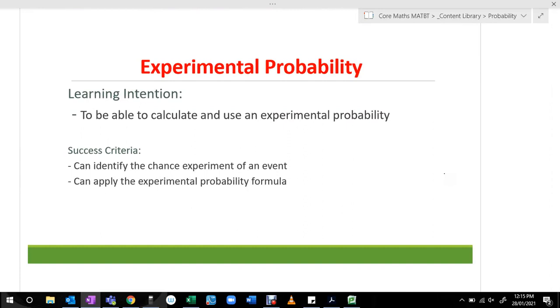Like I mentioned before, the keyword there being experimental. What that means is you're probably going to have to do a bunch of things to actually try and calculate the chance of something happening. You're trying to identify the chance of an experimental event and then come up with some sort of probability formula for it.